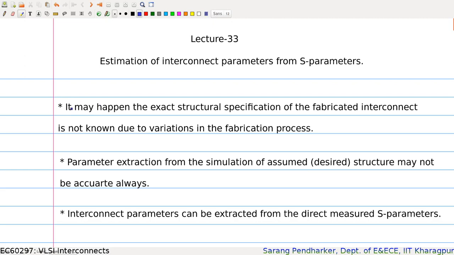However, in a real scenario, it may happen that the exact structural specifications of the finally fabricated interconnect are not known.